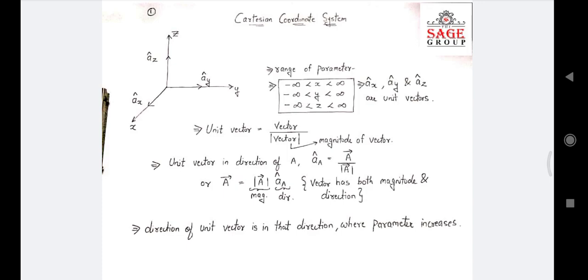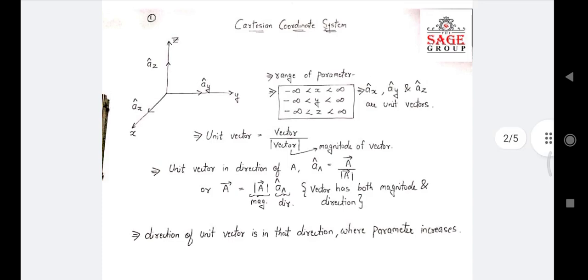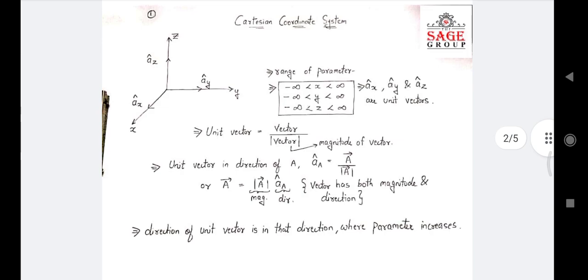Now if we talk about what a unit vector is, you all know that a unit vector is generally a vector divided by the magnitude of the vector. For example, suppose you have a vector 2i plus 3j plus 4k, then what will be its unit vector? It will be the vector 2i plus 3j plus 4k divided by its magnitude.